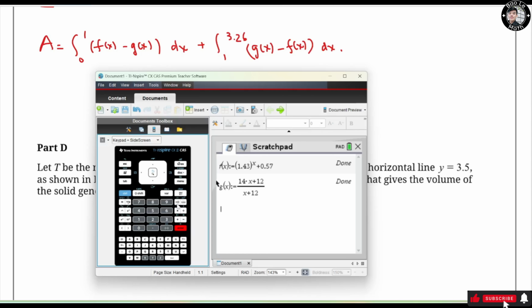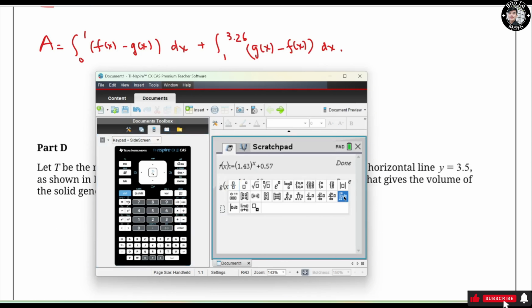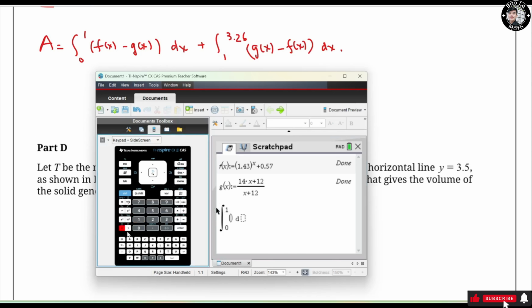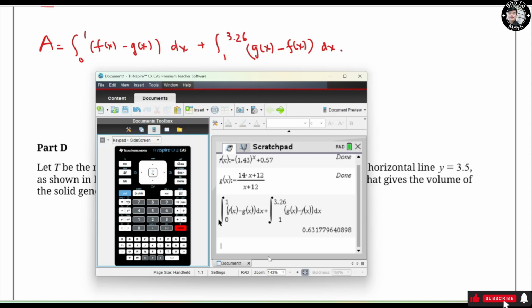Now you're going to press the integral button right here, input the interval from 0 to 1 of f of x minus g of x. I'm going to copy this one over here, plus the integral from 1 to 3.26 of g of x subtract f of x. Press Control Enter. It's going to be 0.632, right?